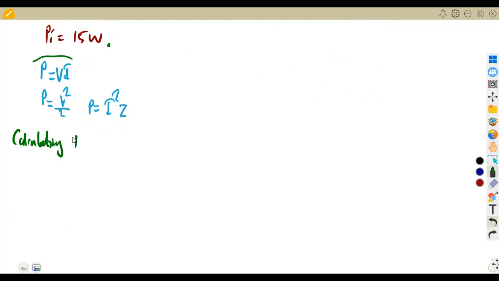Calculating current at the input, the power is equivalent to the voltage times the current, so Pin is equal to Vin times Iin. Divide by Vin on both sides so that we remain with the current. The current at the input is simply Pin over Vin.